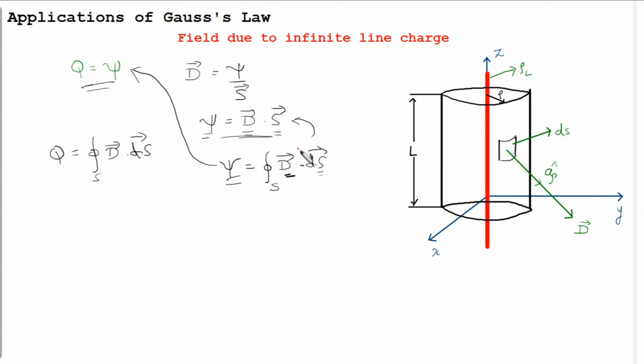So being said this, I have to evaluate now Q only for the side surface. Okay, so I'll rewrite this as Q is the closed side surface integral of D dot dS only.